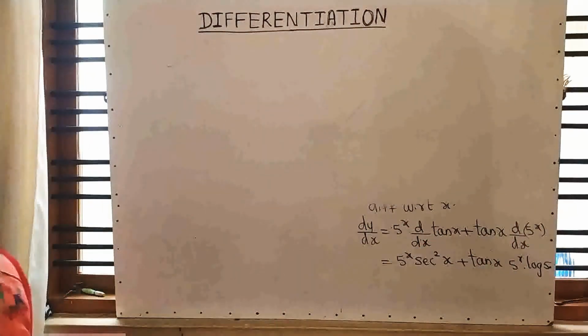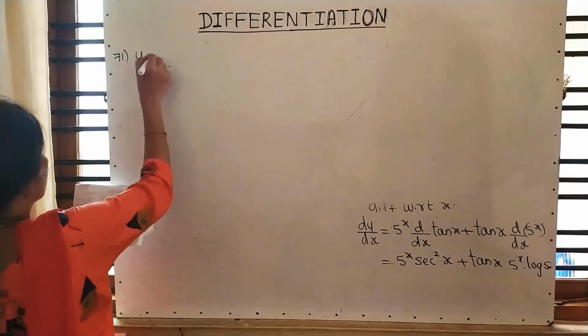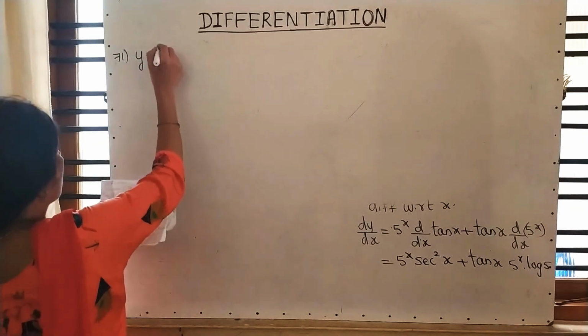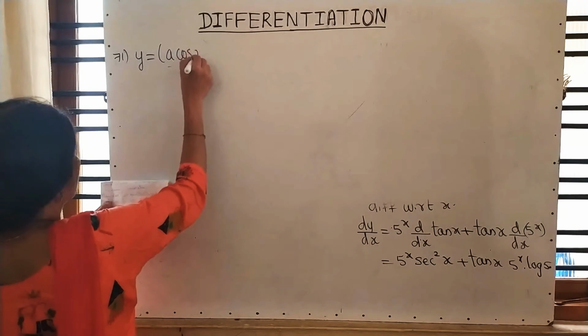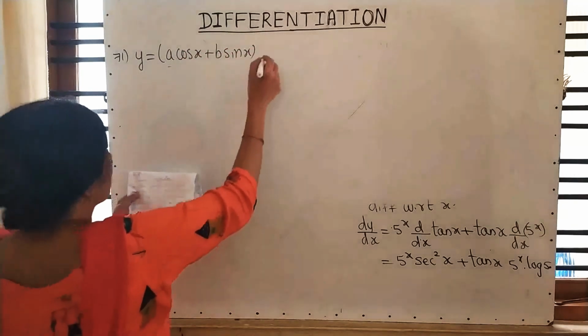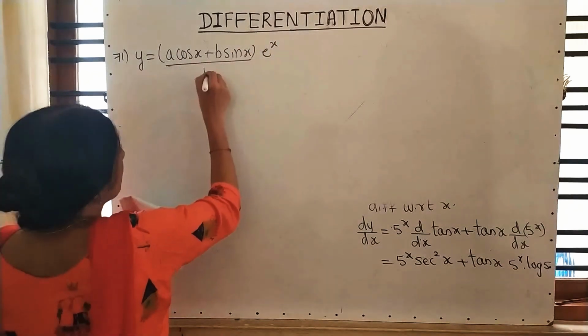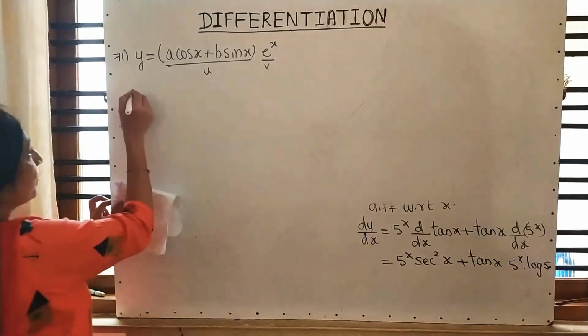Question number 71. y equals a cos x plus b sin x into e raised to x. Yes, which formula? Again as usual, this is u, this is v.